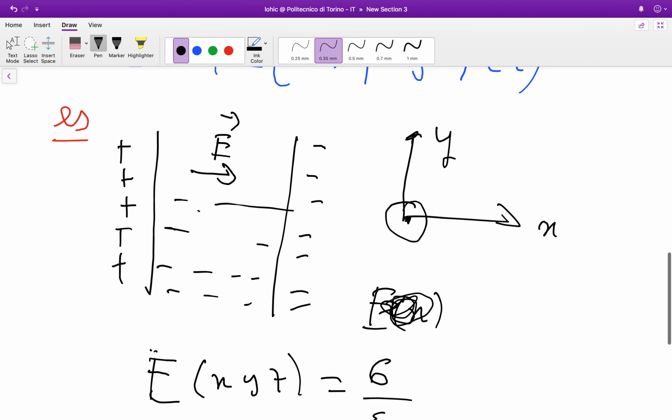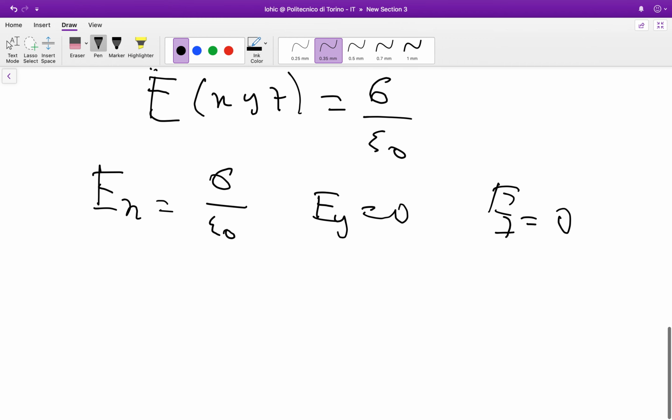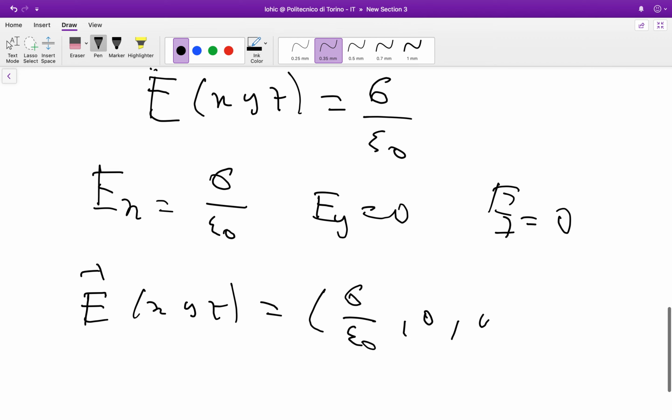You see that this field goes only in the x direction. So we have that the field at every point x, y, z, as a vector, has x component sigma divided by epsilon 0, and the other components are 0, 0.